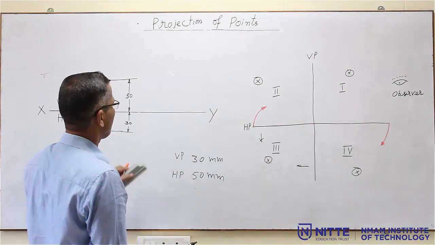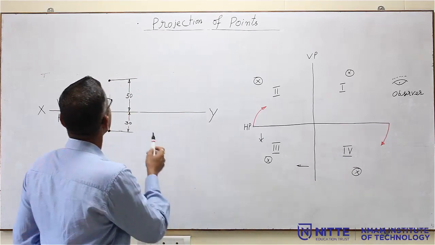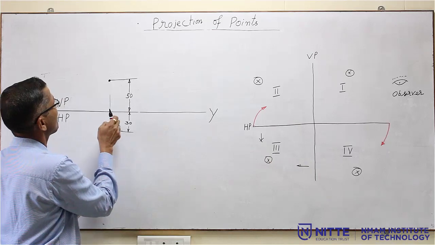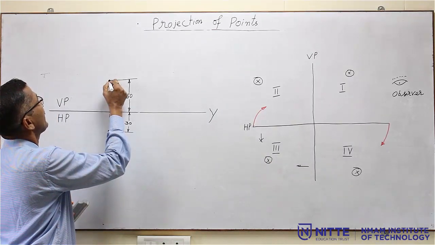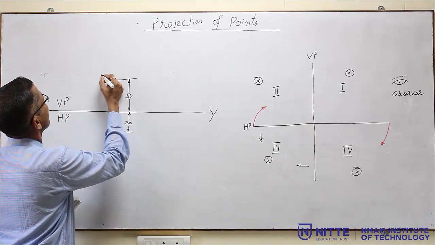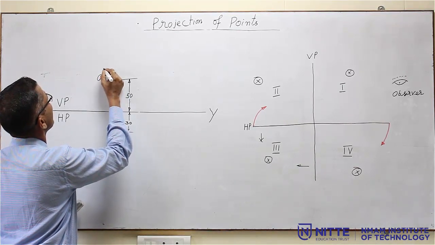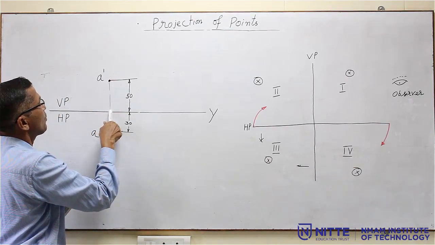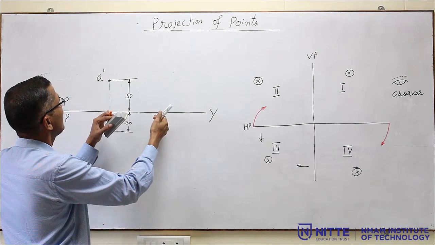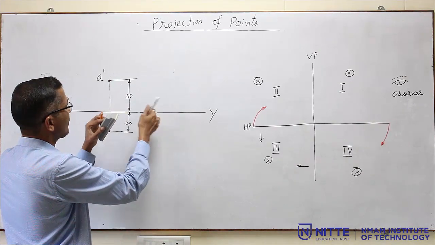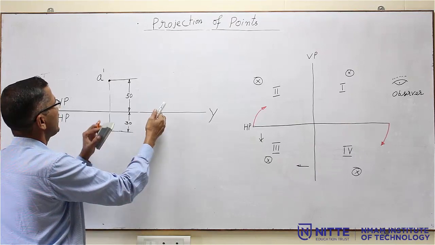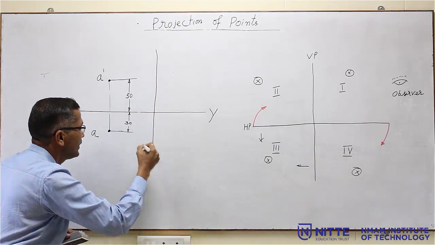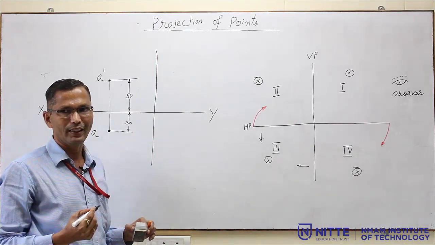I will show you how to get the profile view. After this, you have to measure the distance from this particular point. I had already drawn a light line connecting the front view, that is A dash, and the top view, that is A. From here you have to measure the distance of the profile view. If it is not given, you can conveniently select any distance and draw a vertical line. Once again, this is by using an HB pencil, dark pencil.